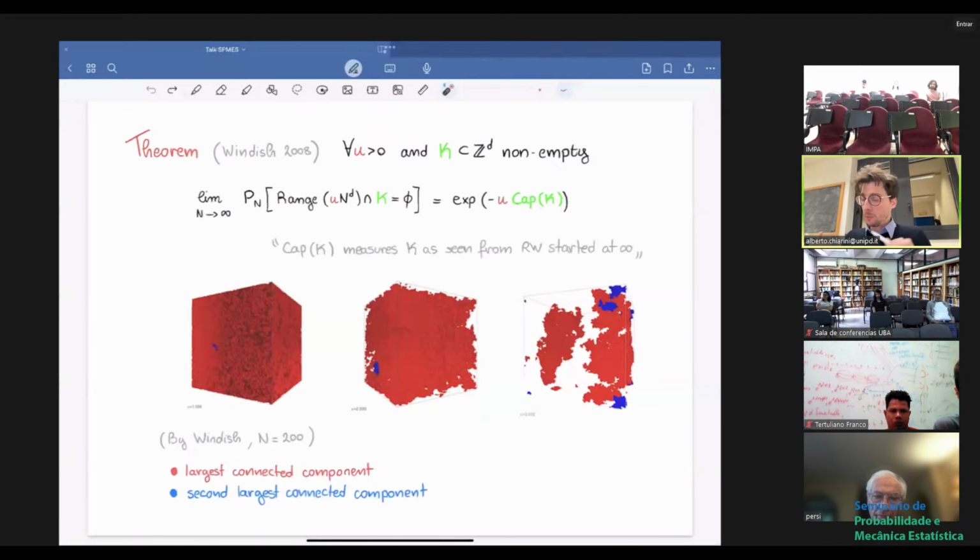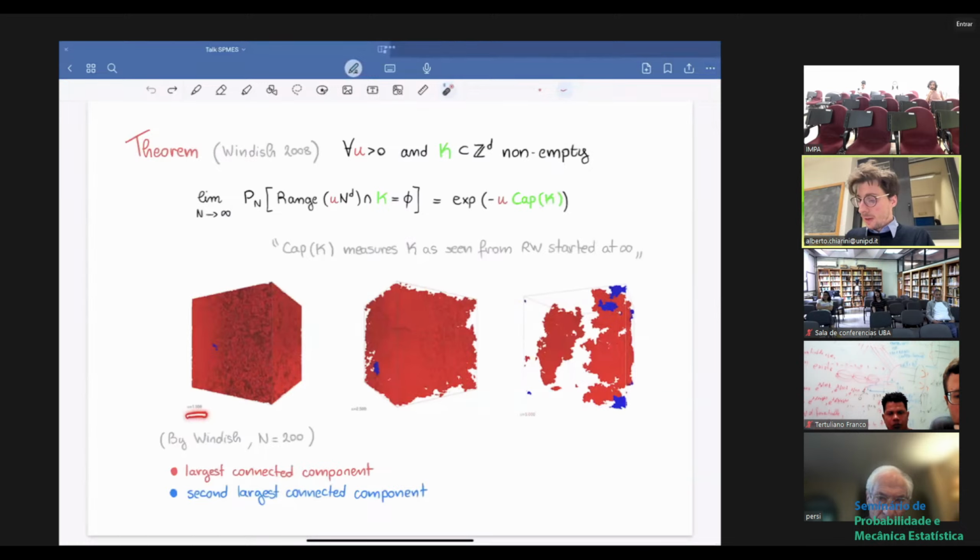You can think about it as follows. And here you see some pictures of this torus and the random walk that is eating out the material. The red component is the largest connected component of what is left over, so it's the complement of the points visited, and the blue is the second largest connected component.